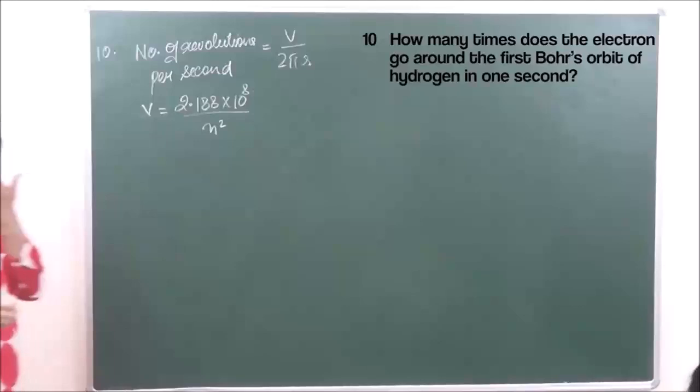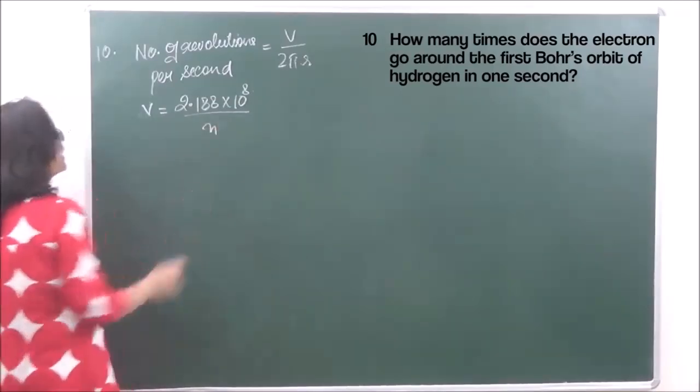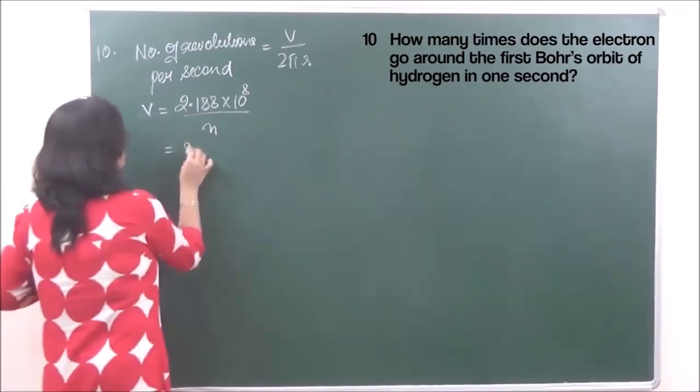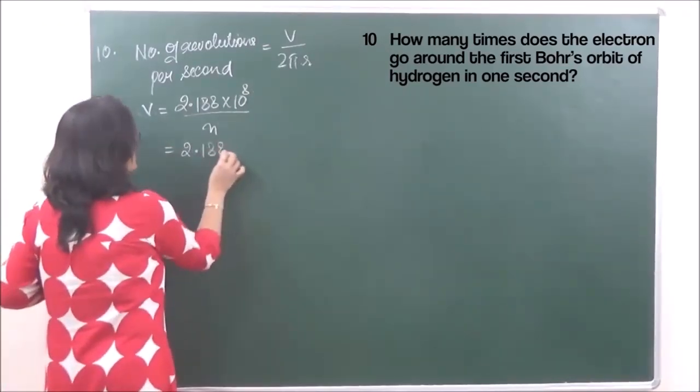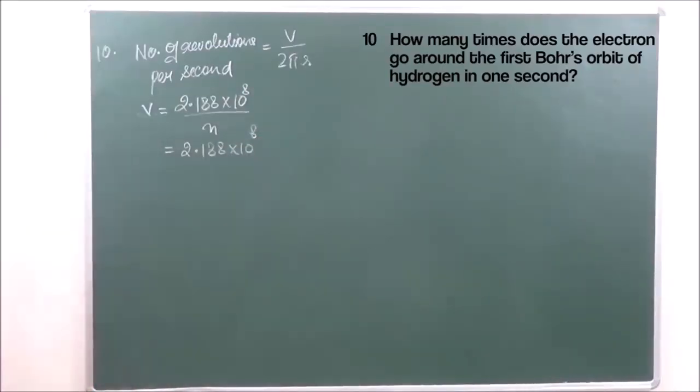Velocity we know is equal to 2.188 into 10 raised to power 8 upon n. Here n is equal to 1, not n square, sorry, n. So velocity becomes 2.188 into 10 raised to power 8. Okay? Now you can calculate the number of revolutions.